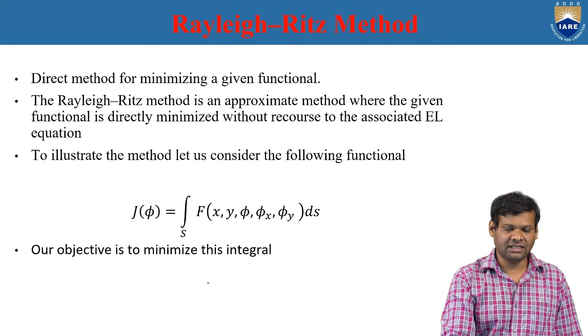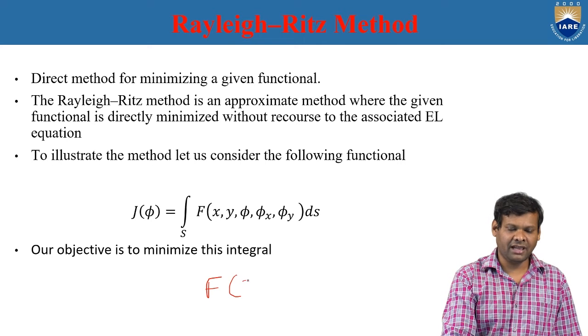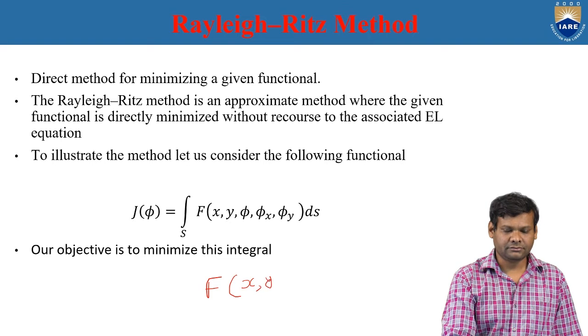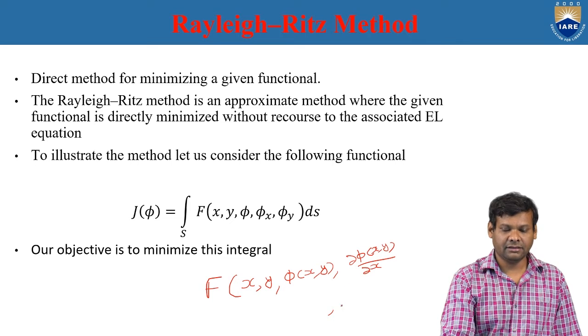Now what we have is a functional. Functional refers to a function of functions. We have independent variables x and y, and phi is also a function of x comma y, and we have dou phi by dou x, and dou phi by dou y.